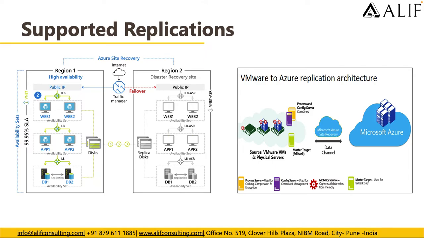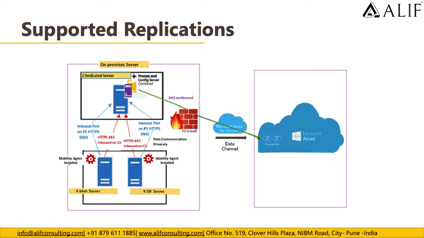Supported replication. You can see you have site-to-site recovery between Azure, which you can use to replicate the infrastructure from one region to another region. At the same time, you have VMware to Azure replication, which you can use through a secure channel, and you need a master target server and process and configuration servers to replicate the VMware environment. You can also replicate your physical servers to Azure using the secure channel.